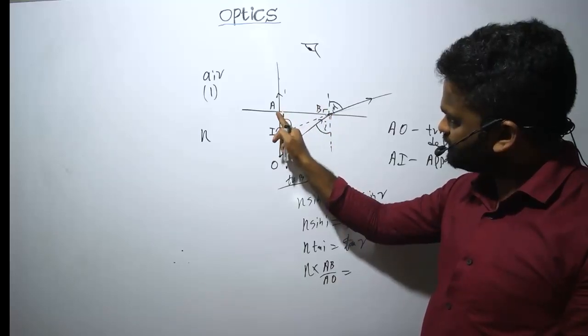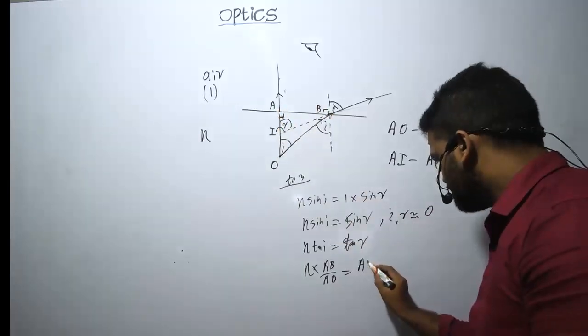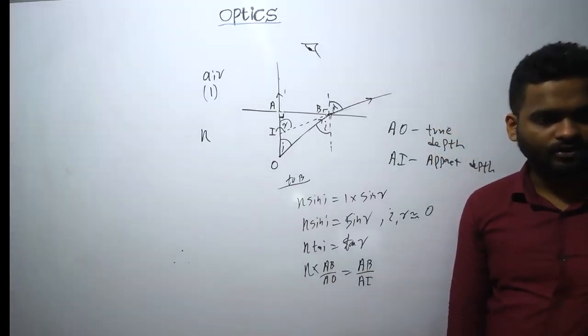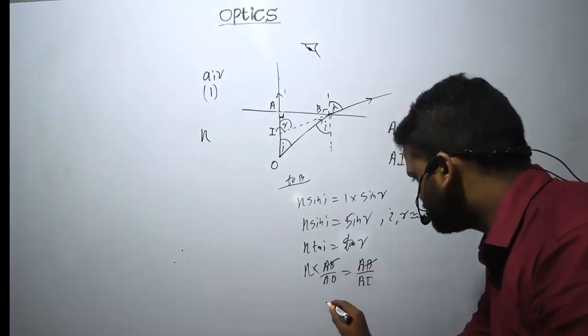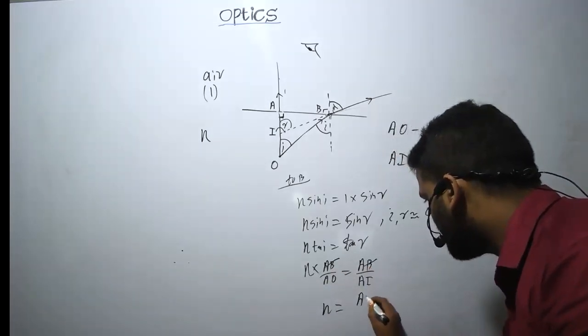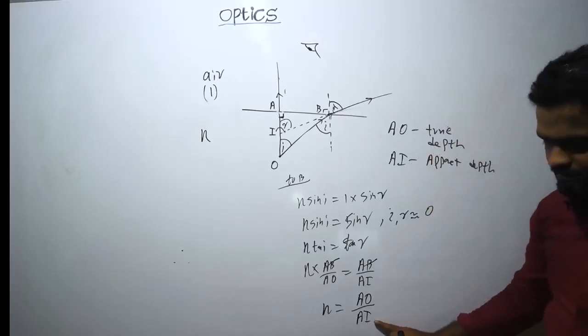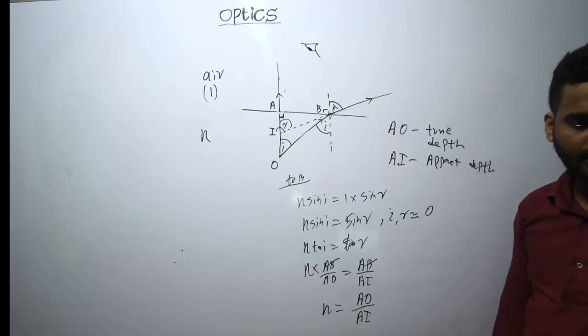Opposite AB divided by adjacent AI. If you don't understand, tell me, right? Then AB cancels off. n is what? AO divided by AI. Right?